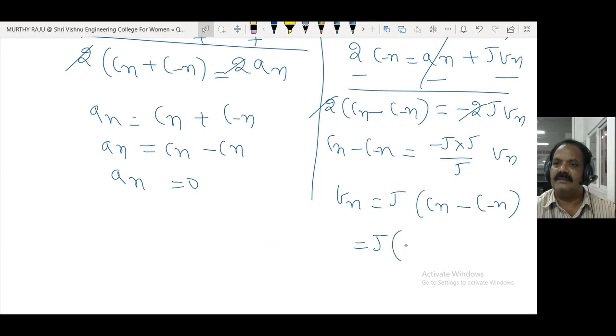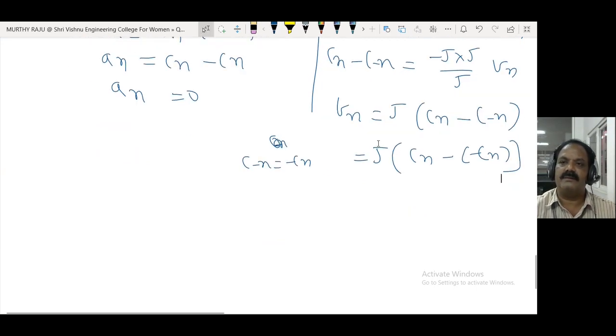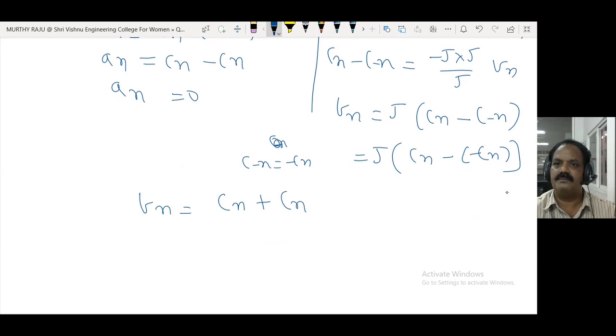We know that C minus n is equal to minus Cn. Therefore, Bn is equal to Cn plus Cn, so Bn is equal to 2Cn.